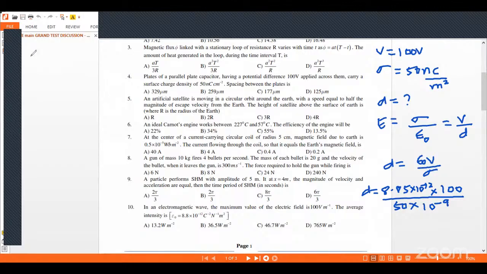Upon calculation, we'll get it as 1.77 into 10 power minus 6 meters. That is nothing but 1.77 micrometer.